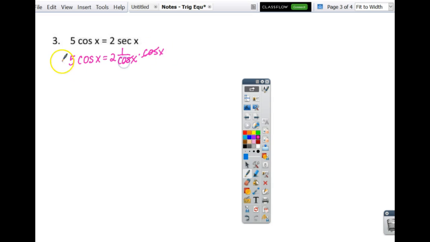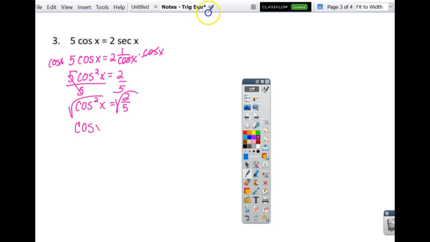This one cancels, and this one becomes, so I have to take the square root on both sides. This is your reference angle.